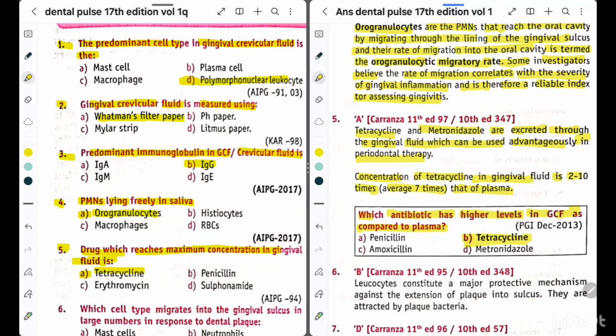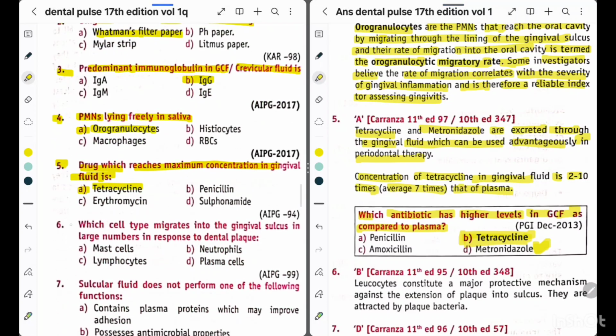So the answer is tetracycline. Here the option metronidazole is also given, but the answer is tetracycline. Question 6. Which cell type migrates into the gingival sulcus in large numbers in response to dental plaque? So the answer is option B, neutrophil.